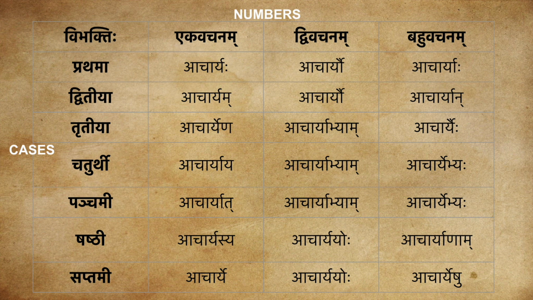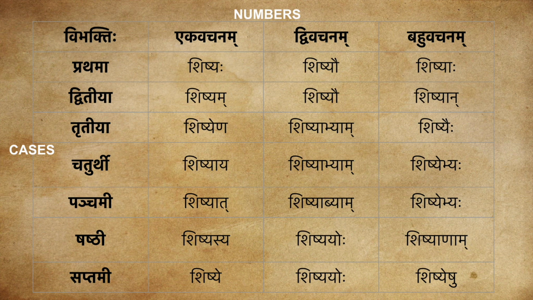Ramaya, Ramabhyam, Ramebhyah. We have Acharyaya, Acharyabhyam, Acharyebhyah. Ramat, Ramabhyam, Ramebhyah. Acharyat, Acharyabhyam, Acharyebhyah. Ramasya, Ramayoho, Ramanam. Acharyasya, Acharyayoho, Acharyanam. Rame, Ramayoho, Rameshu. Acharye, Acharyayoho, Acharyeshu.